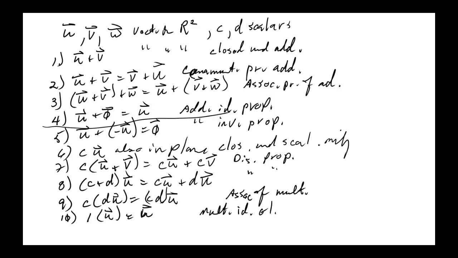Add these two together, and then add that one. You get U1 plus V1 plus W1. How would you do it that way? You get V1 plus W1, V2 plus W2, add it to U1, U2, and you get the same thing on both sides. It's just writing them out.